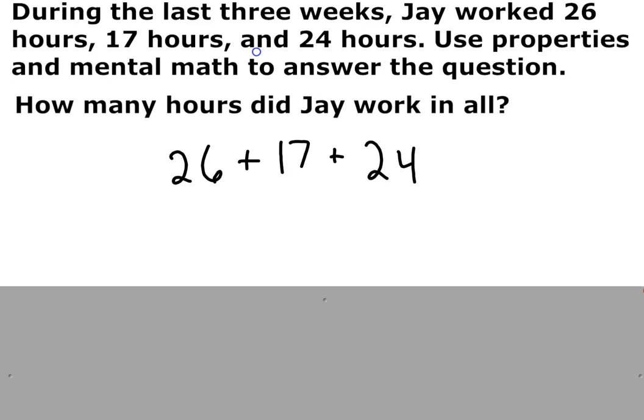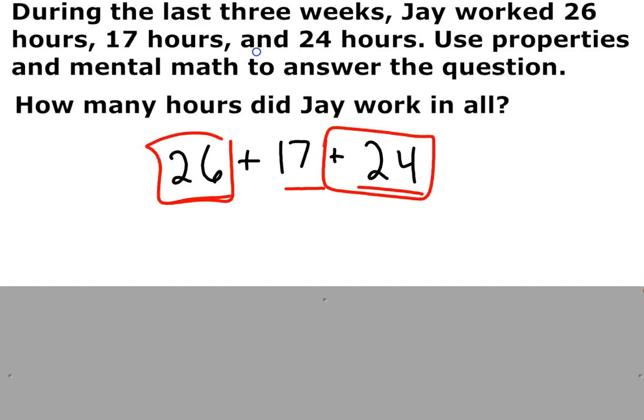It says use the properties and mental math, so without reaching for your calculator, you should be able to do this problem. Why we're introducing this is because, if you note, we have all addition. So that means we can add in any order that we want. So we're going to take this 24 and this 26 and add that together first.